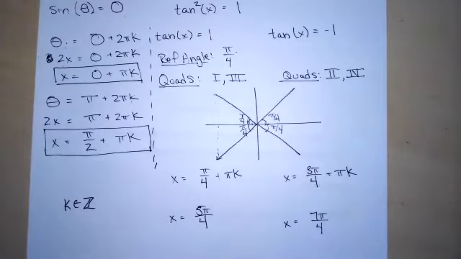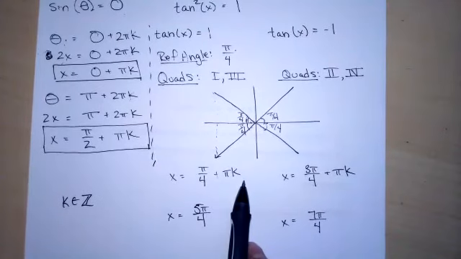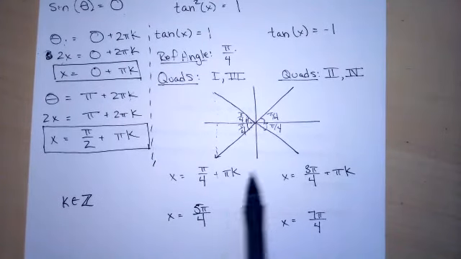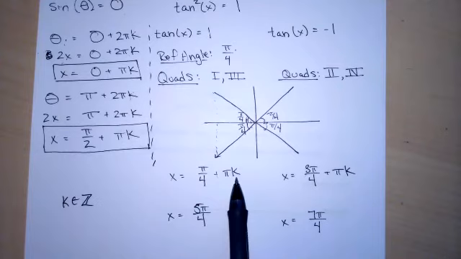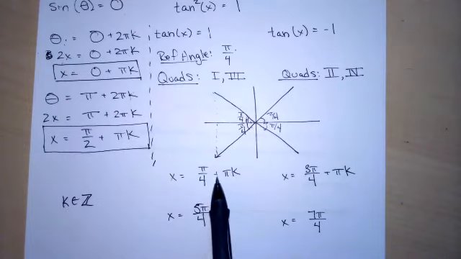And just as we did with the last problem, if I had specific ranges that we wanted to find, we could plug in specific values of k. When we write it like this, we just consider all values of k valid, meaning I can plug in any of those, and that we're already counting that in this statement. So what's going to happen if k is 1? I would have pi over 4 plus pi, which is 4 pi over 4.